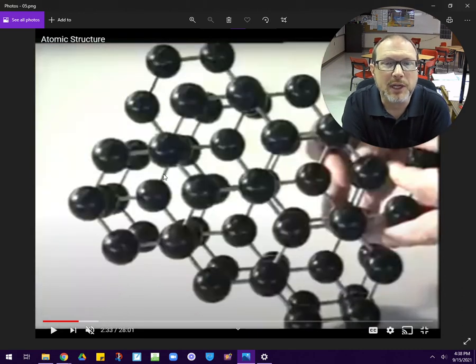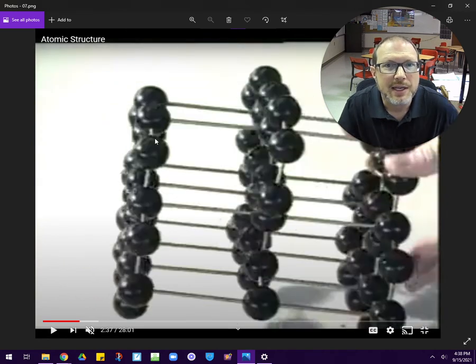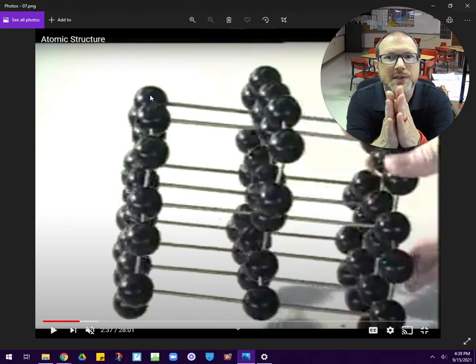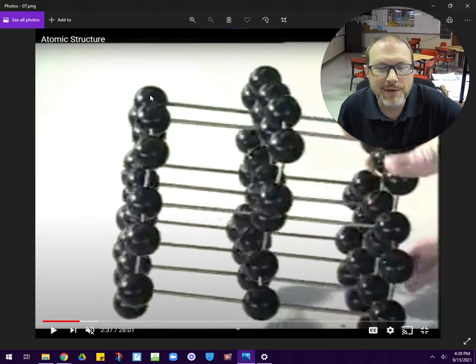If you take a closer look at the atoms and rotate them just right, you'll see that they're actually arranged in layers like this. And it's these layers that, when you apply pressure to it, are able to slide past each other, which explains the slipperiness of graphite.